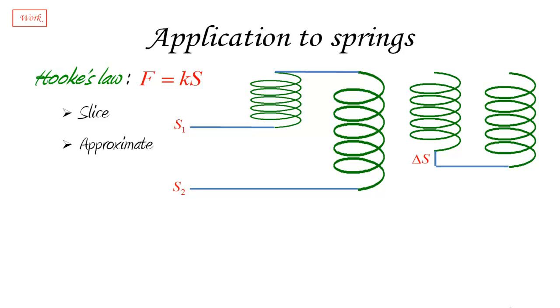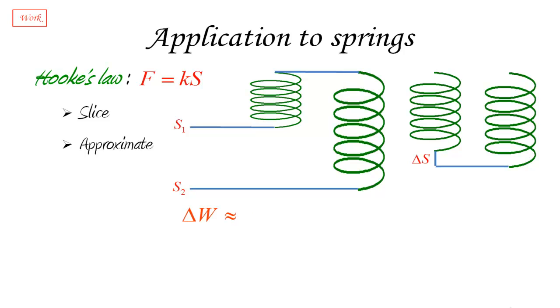So in other words, we can assume that the force being applied to the spring is going to be equal to Ks, where K, by the way, is the constant associated to the spring. We're going to assume that that doesn't change. It'll be an interesting thing to see what happens when K itself changes. I'll leave that to you as an exercise, as a further exploration. But for now, let's say that, again, within this little distance delta S, the force is not changing because S is practically constant. Not quite, but that's what we're approximating.